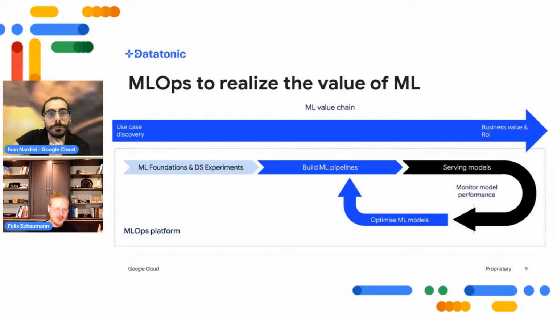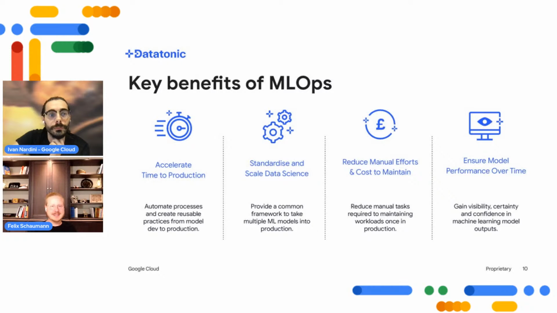And since we can't cover everything today, let's focus just on a few bits where overall you have to keep in mind that key benefits of MLOps are, of course, an accelerated time to production. You want to standardize and scale your data science machine learning use cases. You don't want just to go through the pain of putting one machine learning use case into production environment. You want to do that for 10, maybe hundreds of use cases and so on.